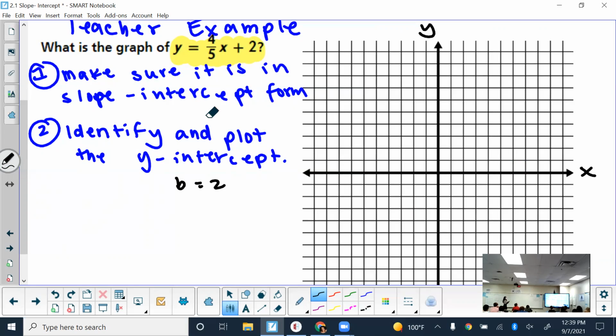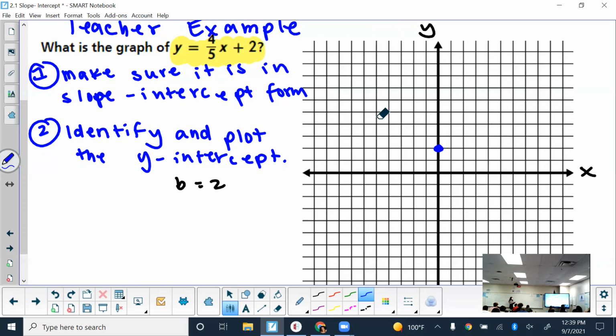Okay? So if I need to plot my y-intercept, I need to put it on the y-axis. So start at the origin. What's the y value at the origin where they cross? 0. So up, positive or negative? Positive, and then going down would be negative. So I need to go from the origin up to plot my y-intercept.